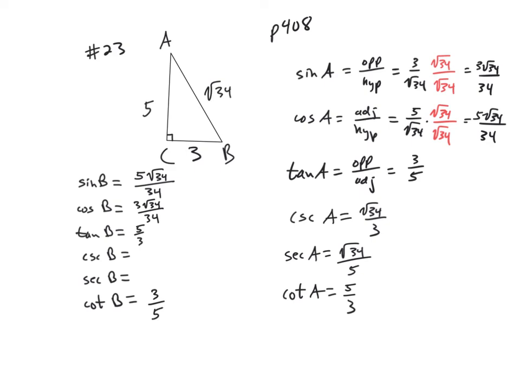And then for the cosecant, we know that's the reciprocal of sine, but we also know that the cosecant of B will be the same as the secant of A. You can also take the sine value and flip it, but if you know the values and how they relate to each other, it's a little bit easier for the cosecant of B to just go to the secant of A. So radical 34 over 5.